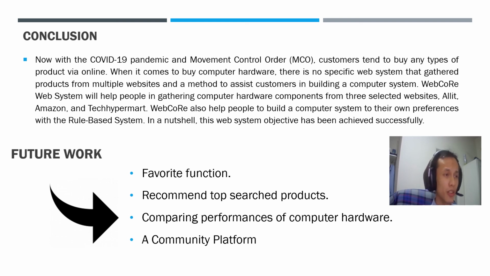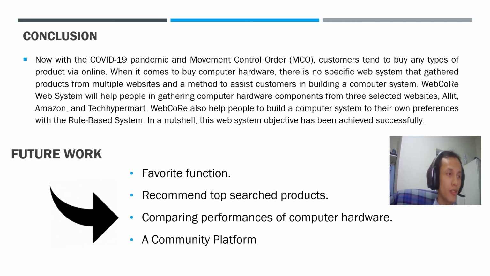So what are the future works? Number one is to add a favorite function, where a user can add an item to their favorite list. The second one is to recommend to users the top searched products by other users. And the third one is to compare the performance of computer hardware.